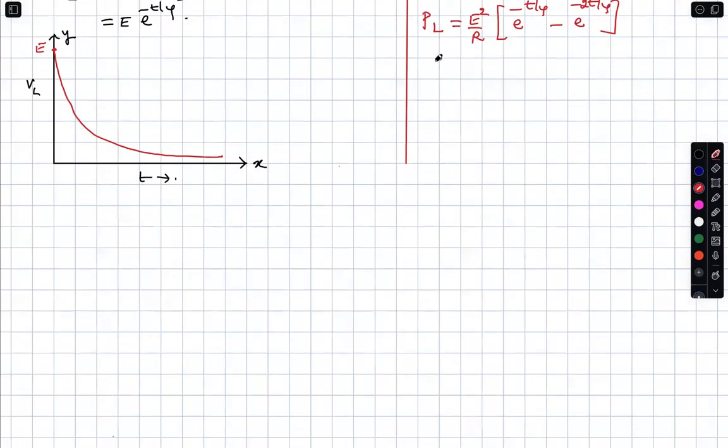I'll draw otherwise. You know, the graph looks like this.